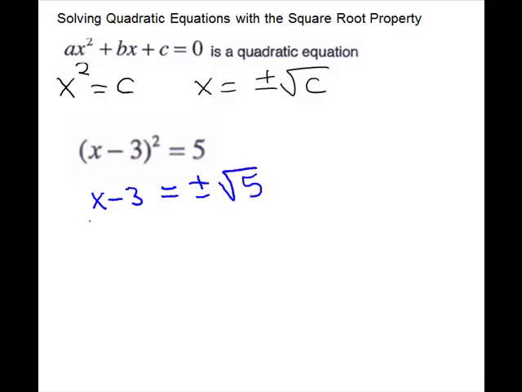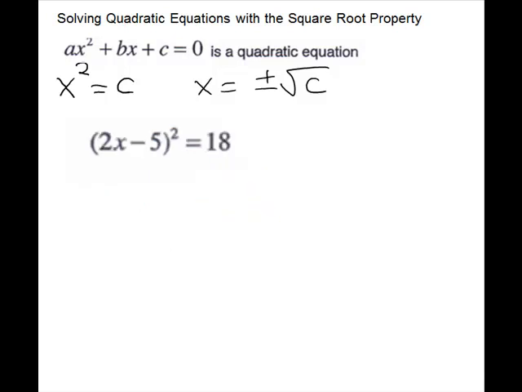Now, you need to isolate your x. So you're going to add your 3 to both sides. Add it in front of your plus and minus, so it will pick up both of those. So our solutions are 3 plus square root of 5 and 3 minus square root of 5. You will leave it there.